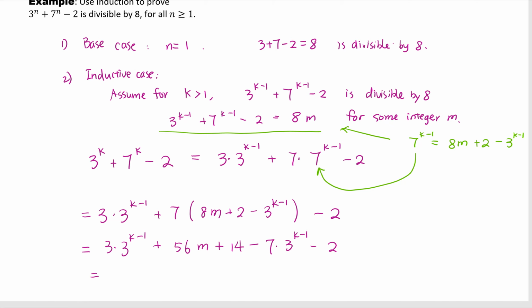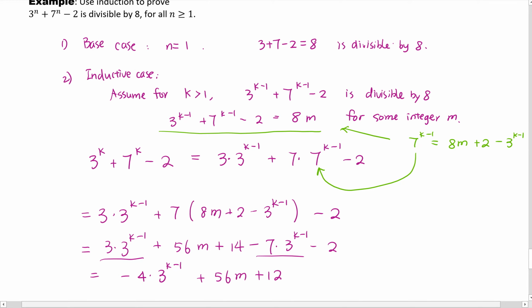This is the like terms. 3 minus 7 is negative 4 times 3 to the k minus 1, plus 56m, and 14 minus 2 is 12, right? So we have this guy is plus 12.